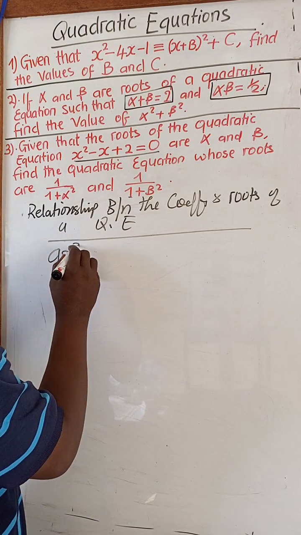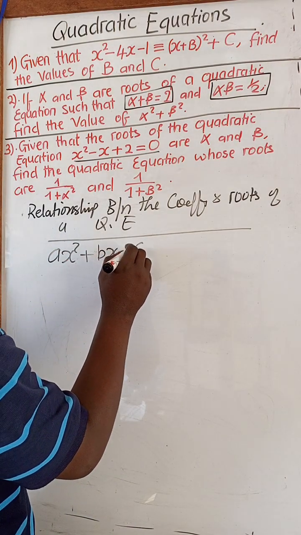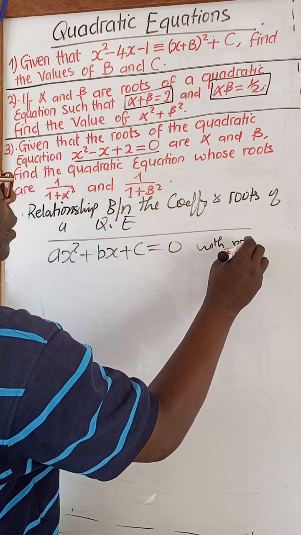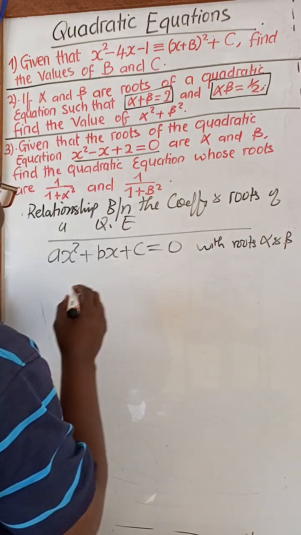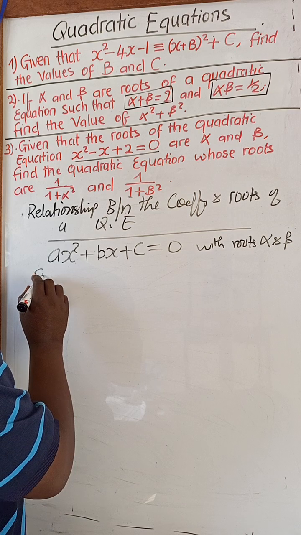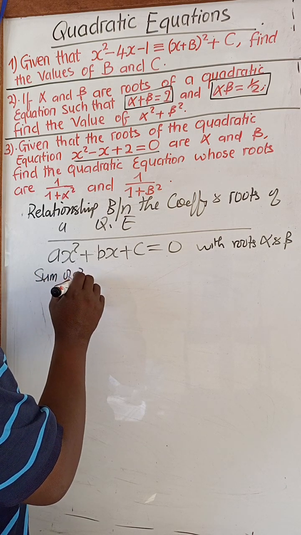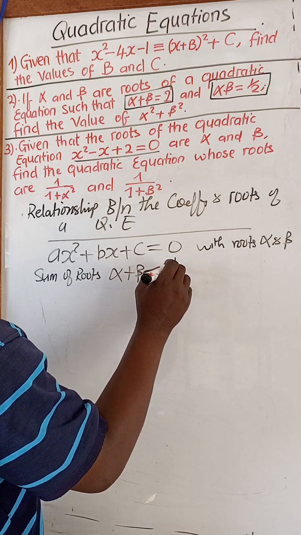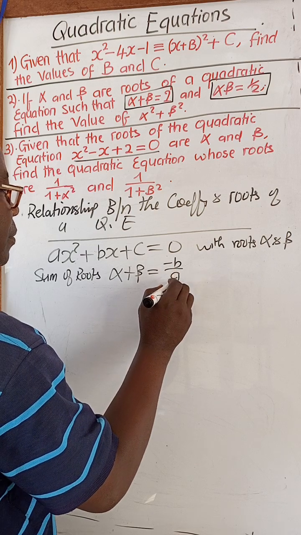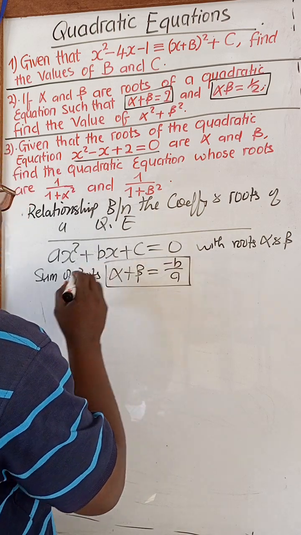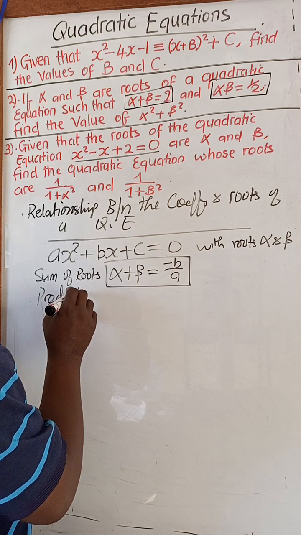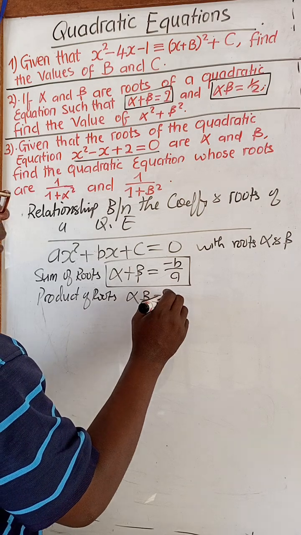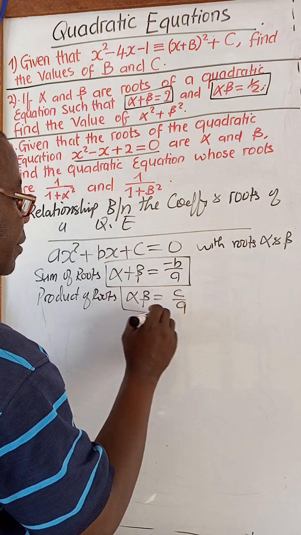Given any quadratic equation ax squared plus bx plus c equals 0 with roots, say alpha and beta, then the sum of roots, that means when we add them up, is given by negative b all over a, and the product of roots, that means we'll multiply the two roots together, is given by c all over a.